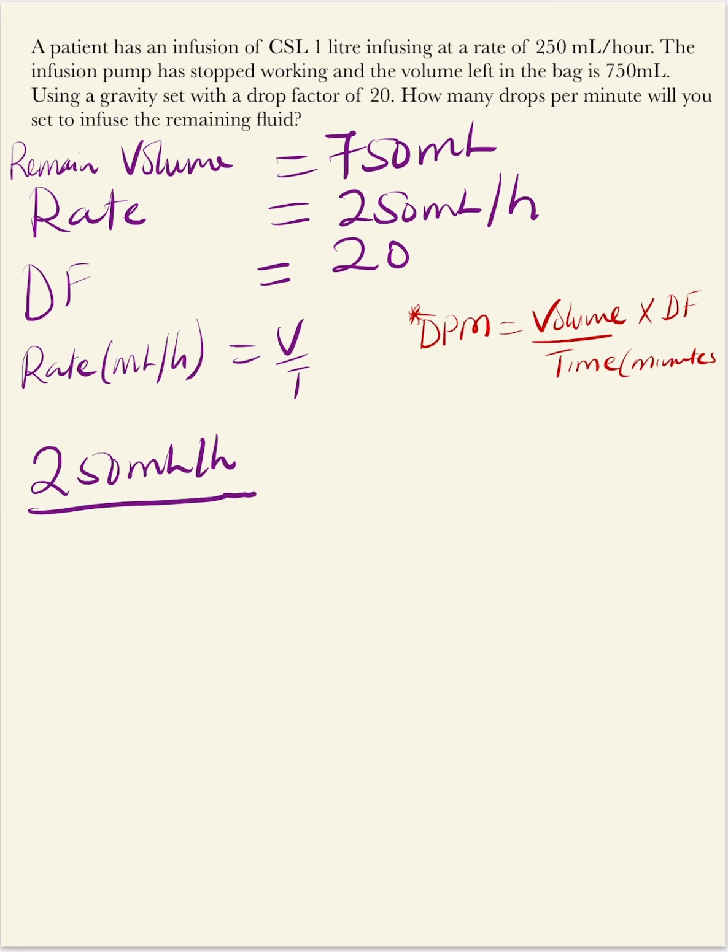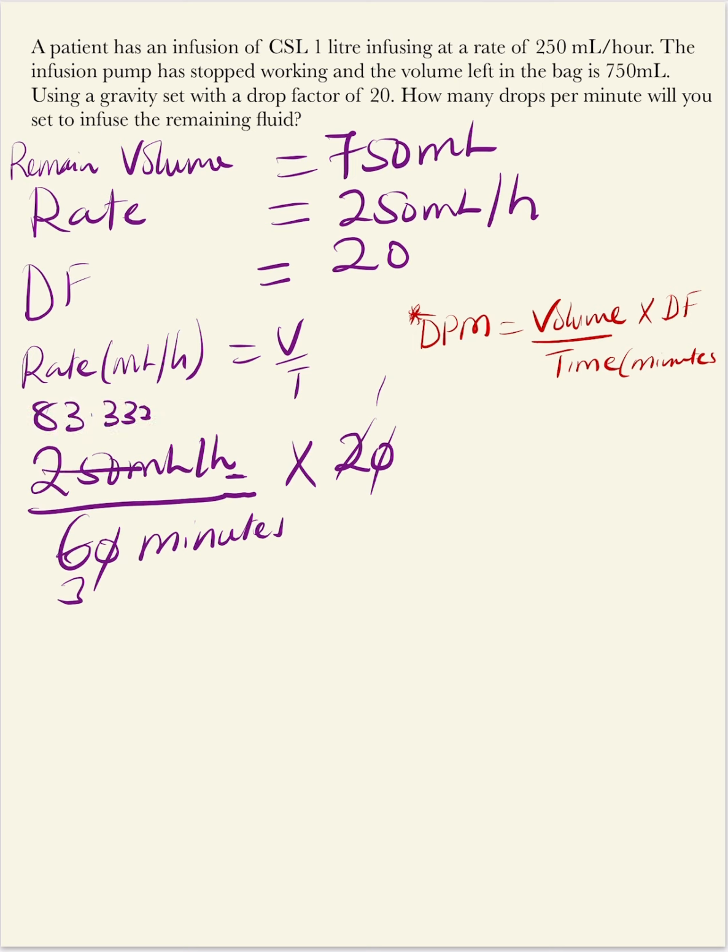Then the hours here need to be converted into minutes, so we introduce the minutes here, which is 60 minutes in 1 hour. Then you multiply by the drop factor, which is 20. At this point, if you use your calculator, you end up with your answer as 83.333 drops per minute.